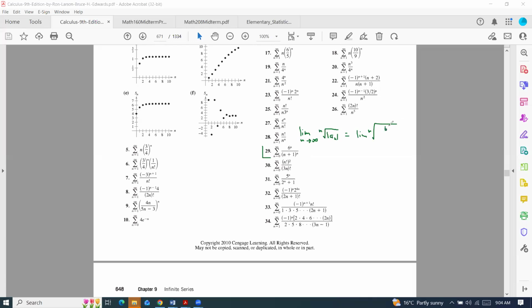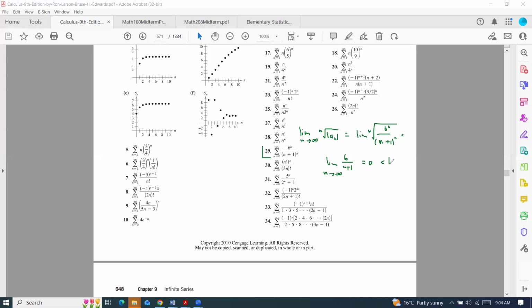Because if I take 6 to the power of n or n plus 1 raised to the power of n, then all of these powers are going to cancel each other, and you're going to end up with a limit of 6 in your numerator and n plus 1 in your denominator. And 6 over n, when n approaches infinity, will be equal to 0. Right? 6 over big is small, so it is less than 1.